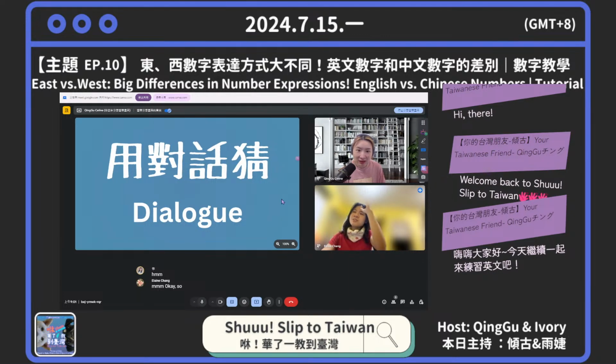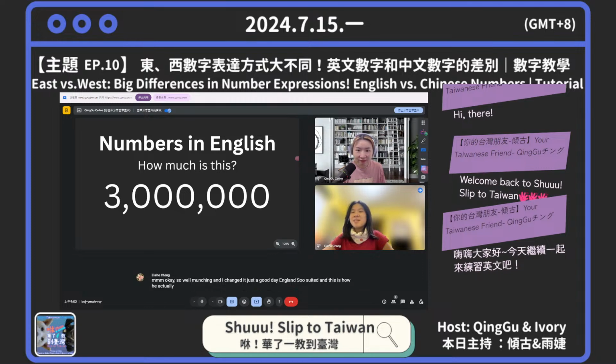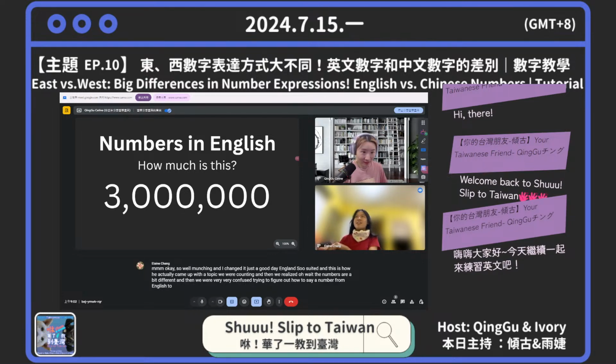Okay, so 我们今天来讲的就是怎么说英文数字。And this is how we actually came up with the topic. We were counting and then we realized, oh wait, the numbers are a bit different. And then we were very confused trying to figure out how to say a number from English to Mandarin and from Mandarin to English.